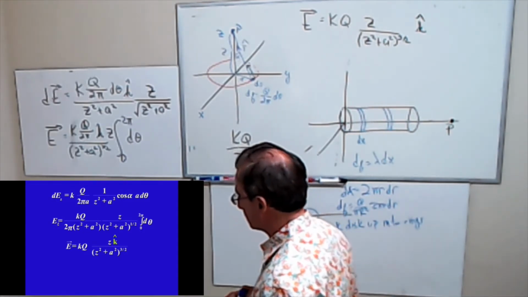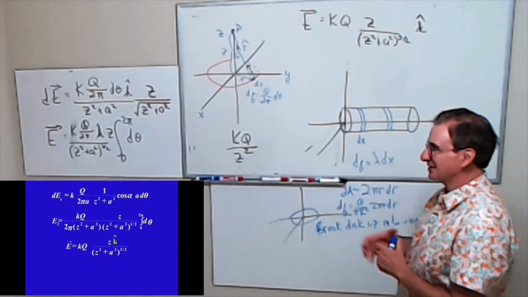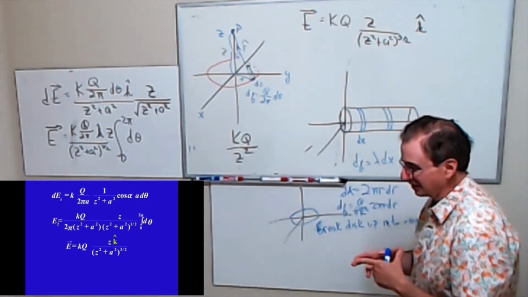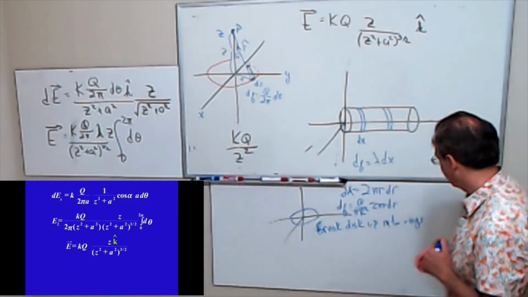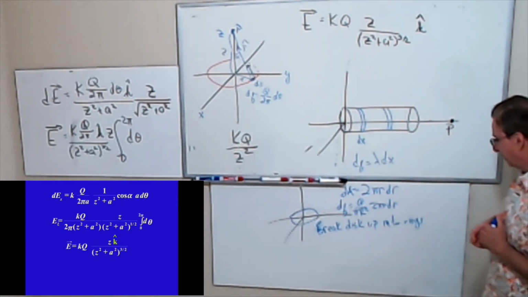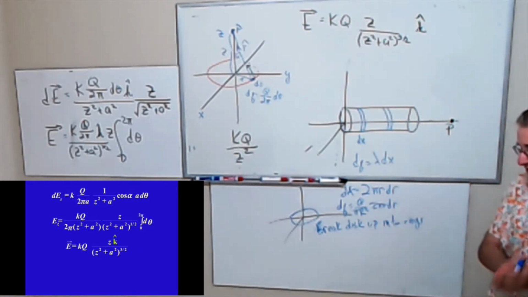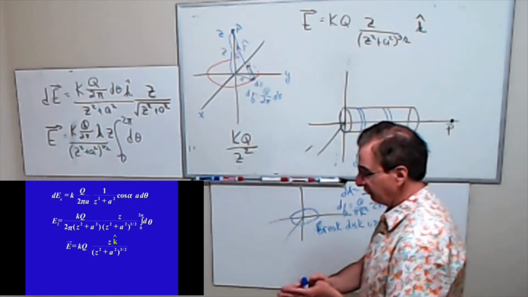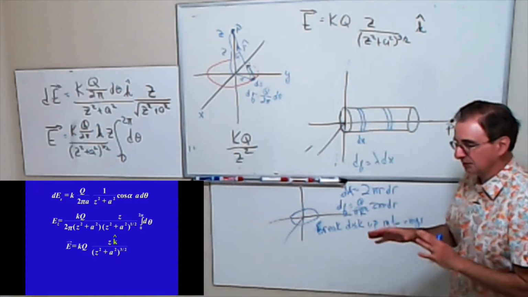If it was a sphere, I would think of it as an onion because it's 3D, or as the tree rings in a tree, however you want to think about it. Again, the integrals are all going to be easy, but it's really learning how to set this up. This is a really good problem because if you know how to do this problem, you should be able to do anything with cylindrical symmetry.